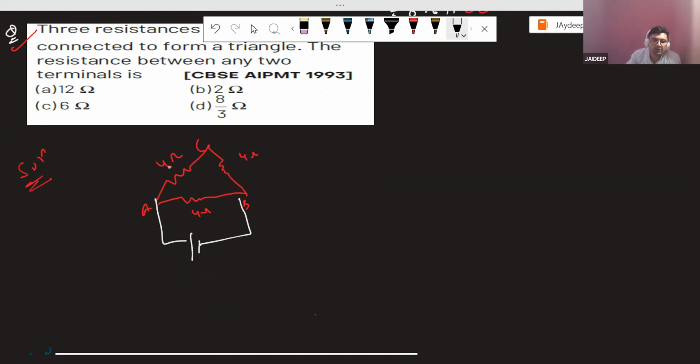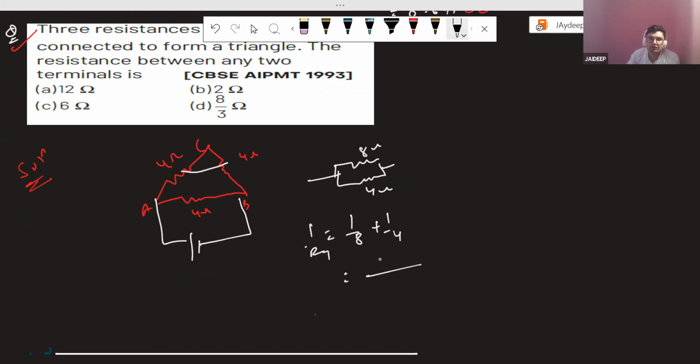So these two will be in series, so net resistance will be 8 ohm. It's connected to the 4 ohm in parallel. So 1/8 and 1/4 are equivalent. So what is 4/8 into 12? 8/3 ohm. This is the answer.